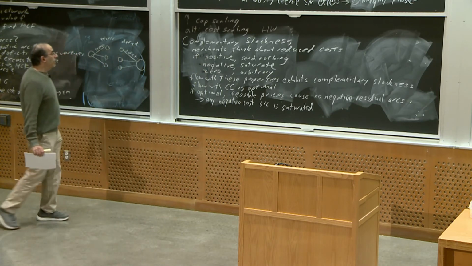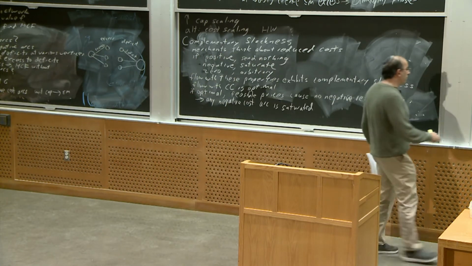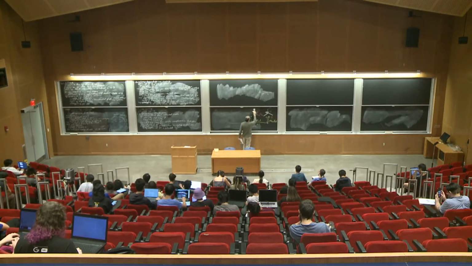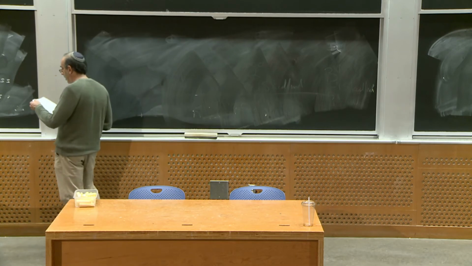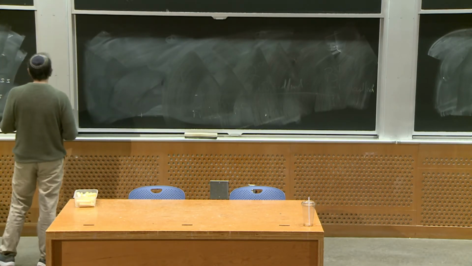And it's kind of a subtle difference, and it will be more visibly different when we look at general complementary slackness in linear programming. But it does let us understand more deeply what's going on with min-cost flow.